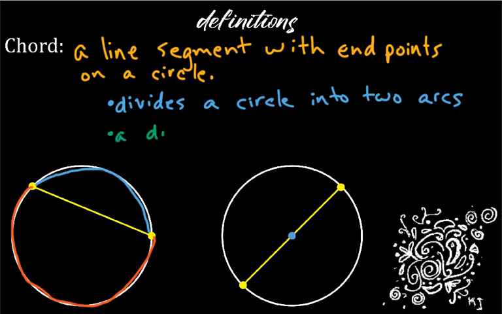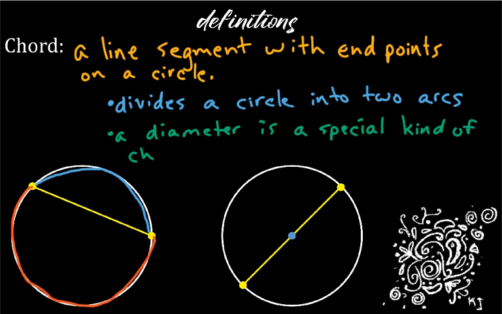A diameter is a special kind of chord that divides a circle into two semicircles.